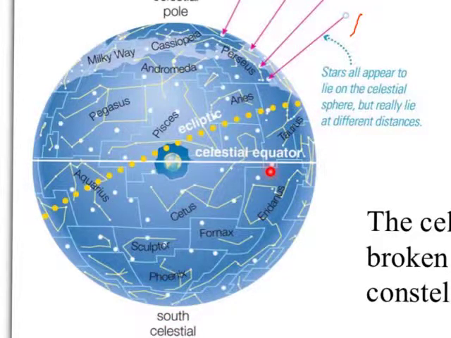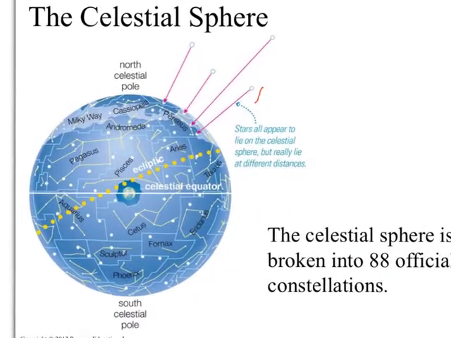And then we have the dotted line. That's the path that the sun makes throughout the course of the year against the background stars, right? If you're into astrology, this path that the sun makes throughout the year against the background stars gives us our constellations of the zodiac. So there you go. Who says we're not going to talk astrology in this class?